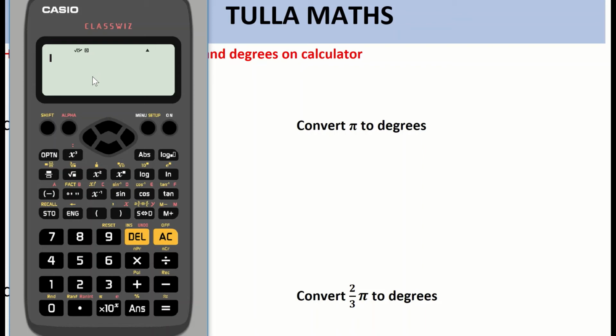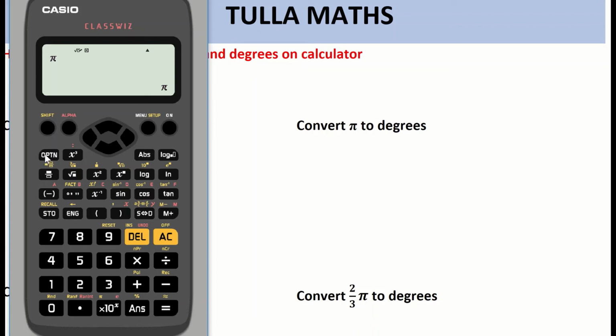So I want to convert pi into degrees. So I click on the shift button, followed by the times 10 to the right hand side of the decimal point. It has pi above it in yellow. You should see the pi symbol now appearing on your calculator. I now want to convert pi into degrees. So I'm just going to hit my equals button now. I now want to convert this pi into degrees.